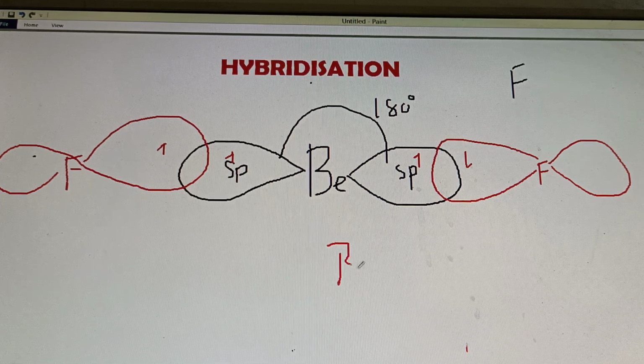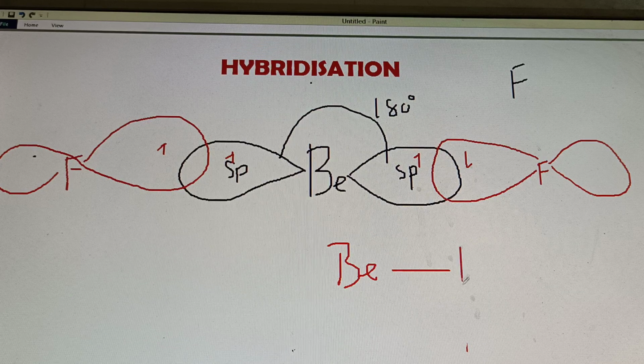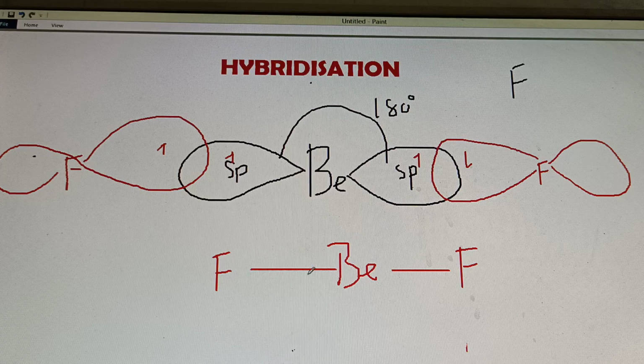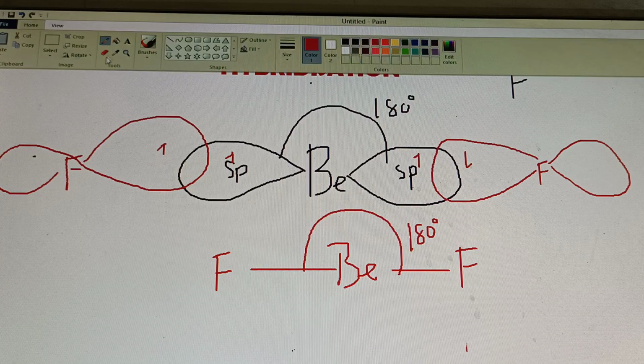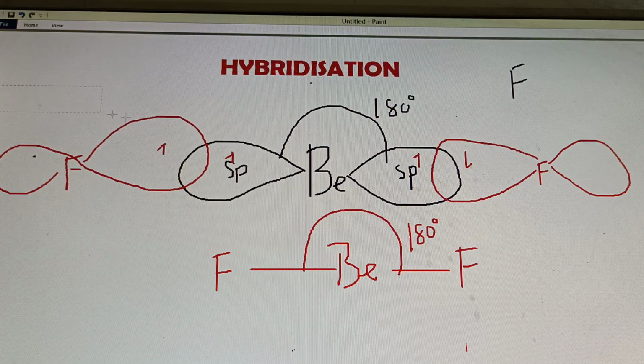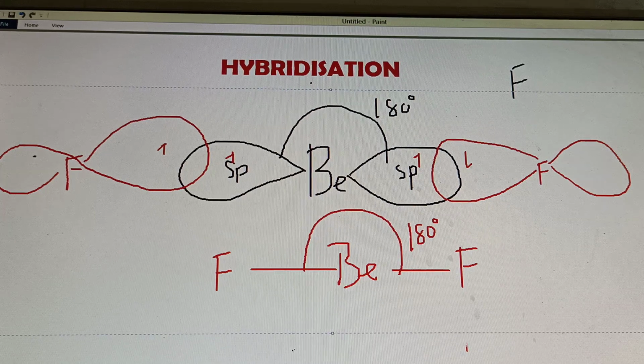So the molecule looks like a linear molecule: fluorine, beryllium, fluorine, and the bond angle will be 180 degrees. Clear? So this is sp hybridization. In sp hybridization, the molecule is linear in shape.